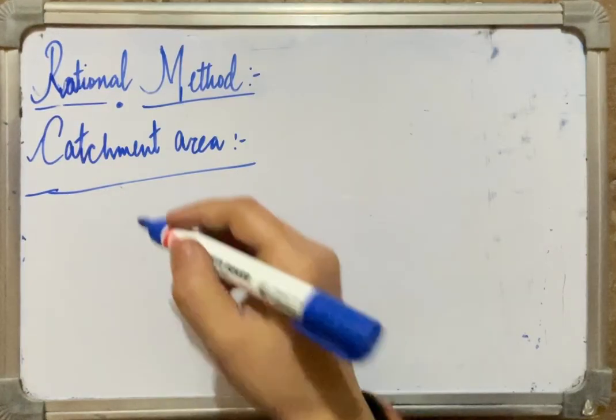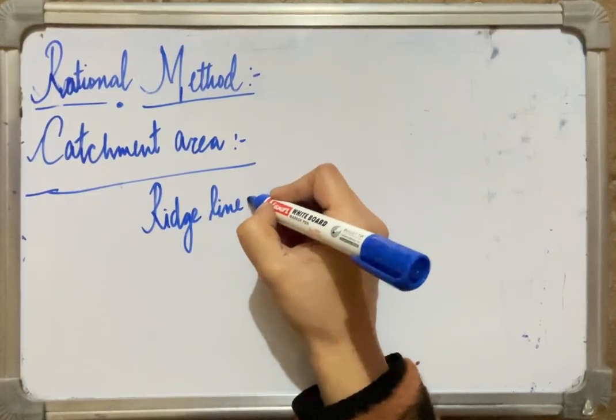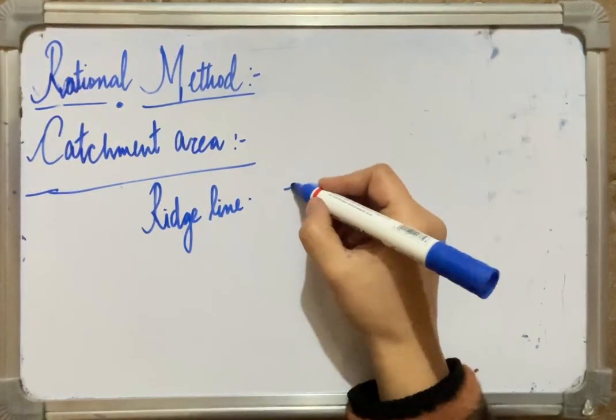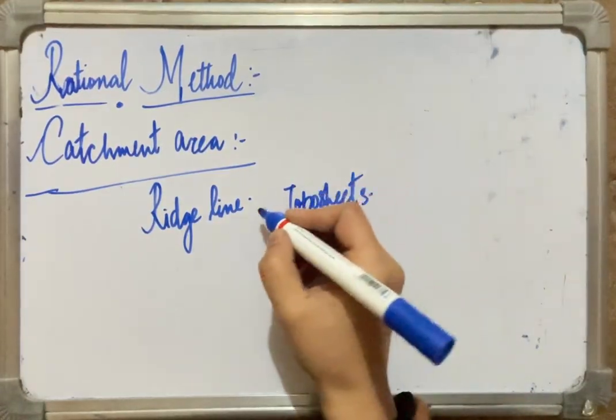So the ridge line is marked on the topo sheet. Topo sheets are the maps, topographical maps.